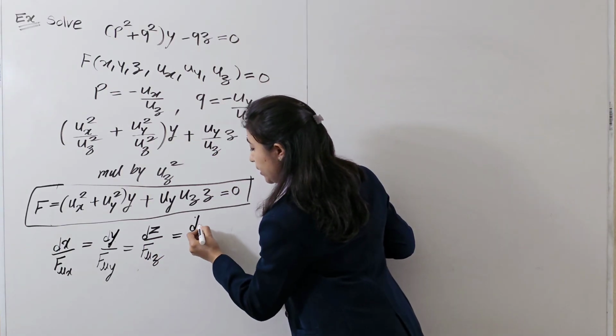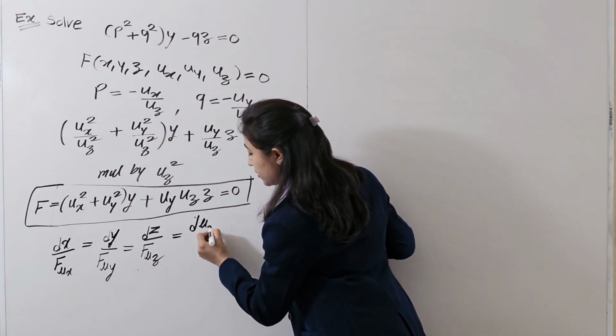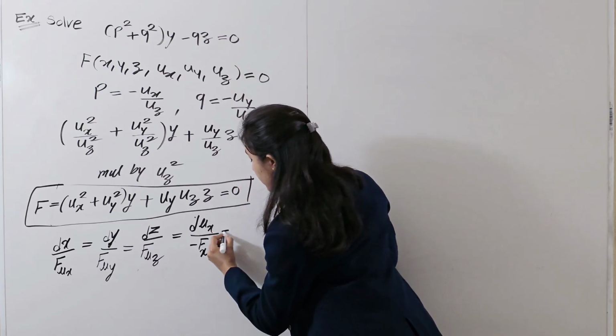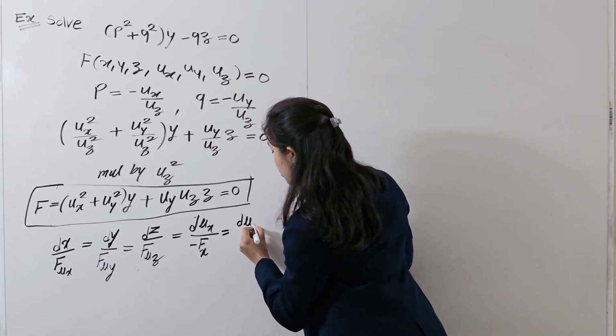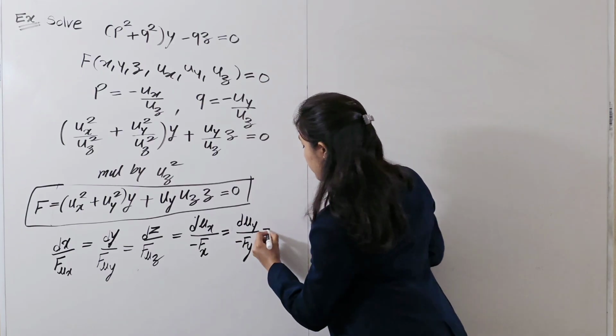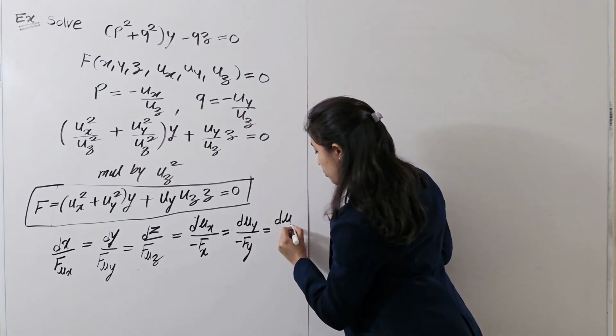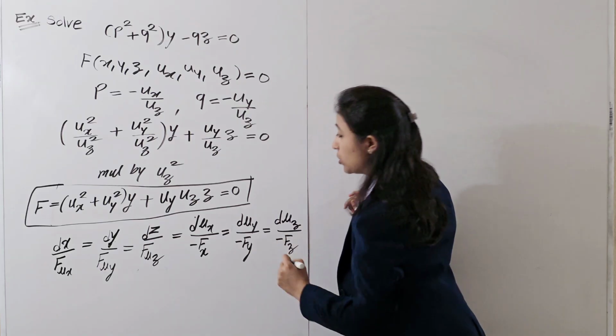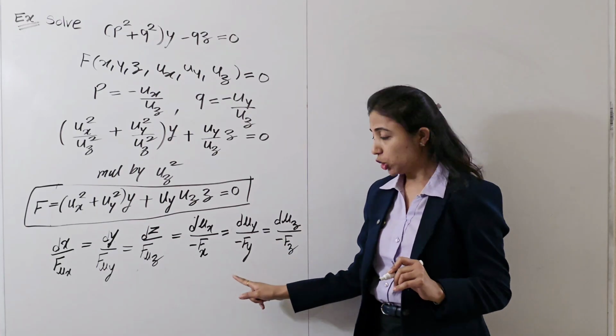Next is dux divided by minus f x equals duy divided by minus f y equals duz divided by minus f z. So this is the auxiliary equation in a Jacobian.